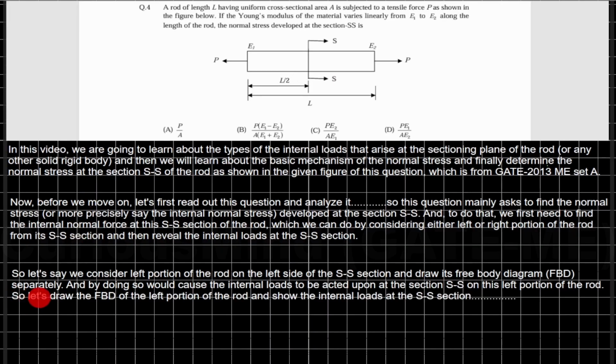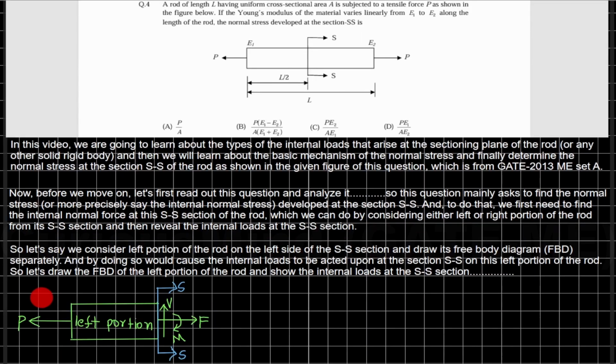So let's draw the FBD of the left portion of the rod and show the internal loads at the SS section. So there we have it, FBD of the left portion of the rod.